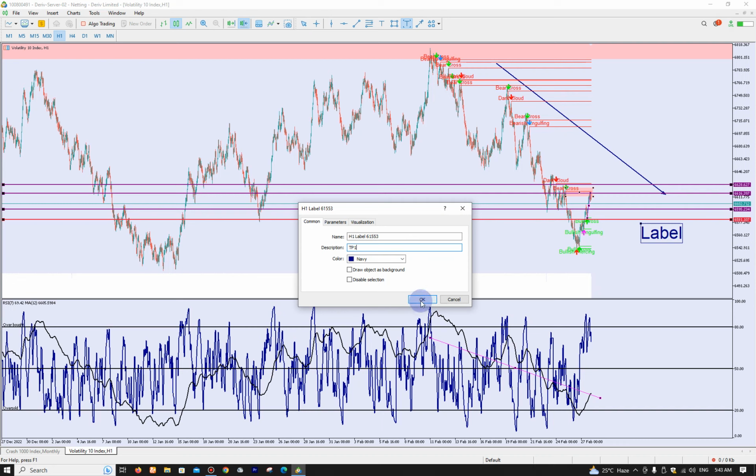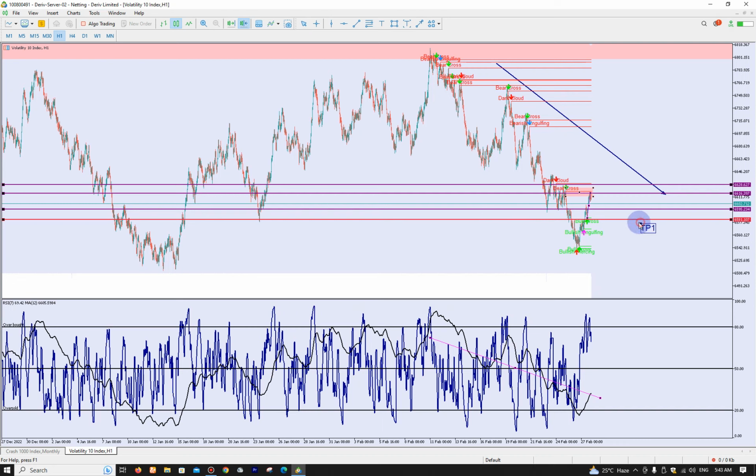This line is my TP1. You can say, okay, let me take profit here. I'm done as a seller. Let me take profit and go and relax. Have cash, have fun. Chill with my beloved ones and stuff like that.